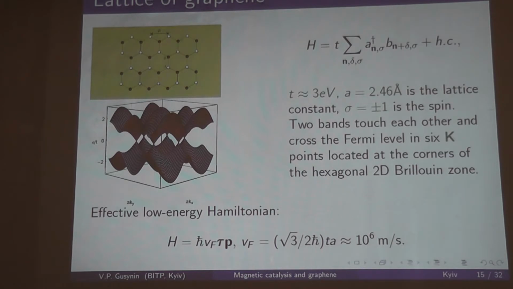Here it's Hamiltonian. But what I would like to bring some attention to is this picture, because look at graphene. You start from just a plane of carbon atoms, where you cannot differentiate between these atoms.